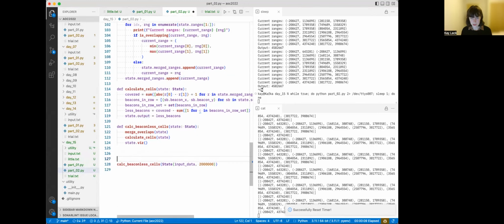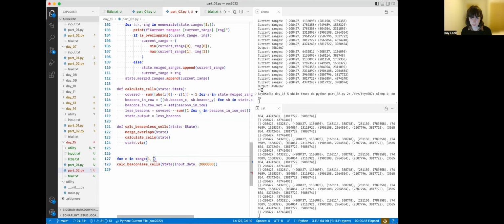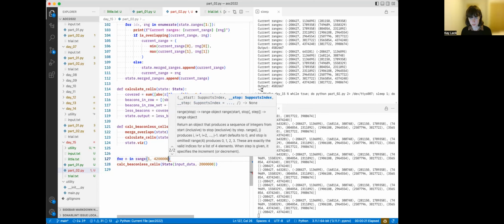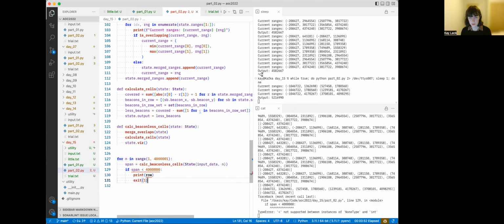Okay, so for n in range 1 to 4 million, if it is less than 4 million, then print row, exit 1.